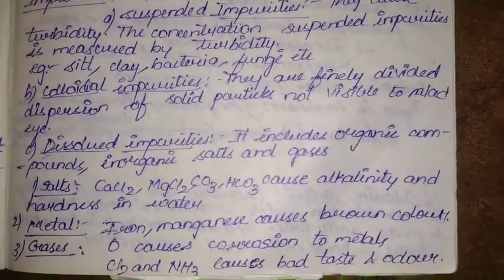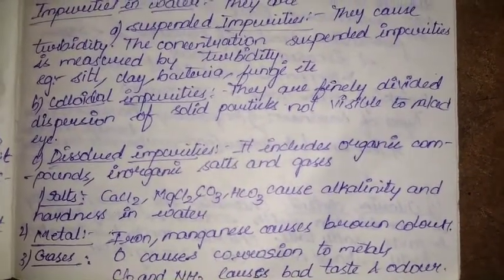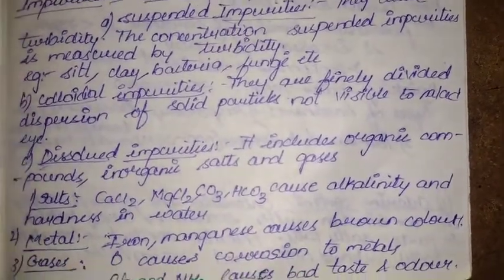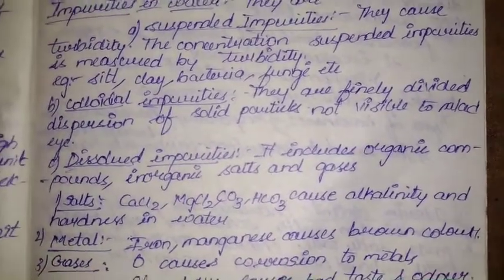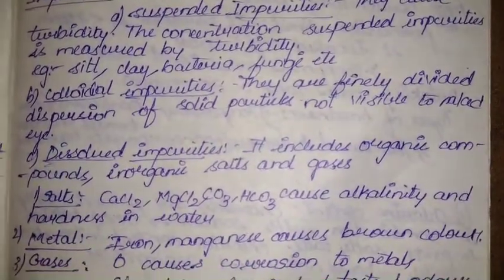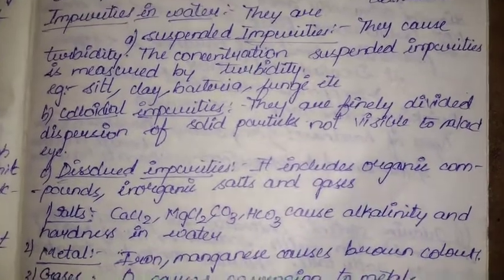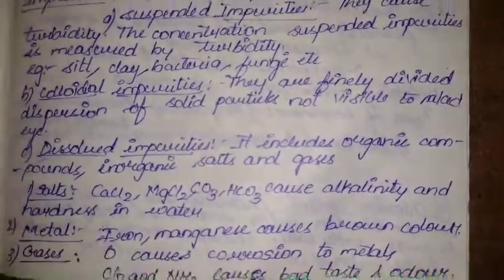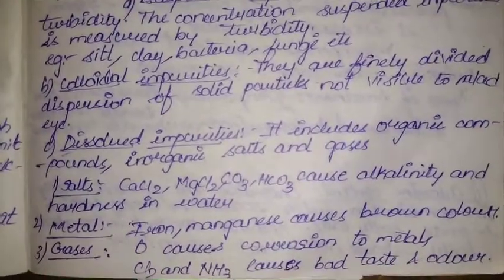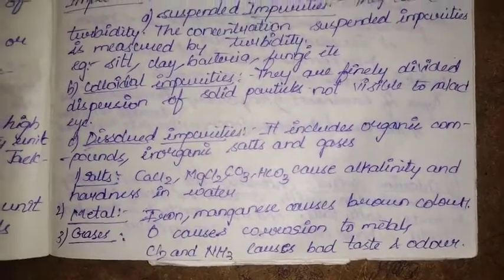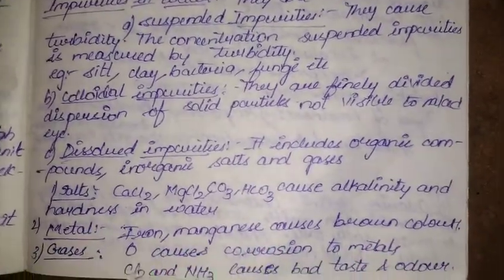Okay? And colloidal impurities are a finely divided dispersion of solid particles not visible to the naked eye. They are so finely divided that they cannot be seen by our naked eye, but they are present at that position. Whenever we are talking about dissolved impurities, they are already dissolved, that is, already mixed with water, and not present in their original state.